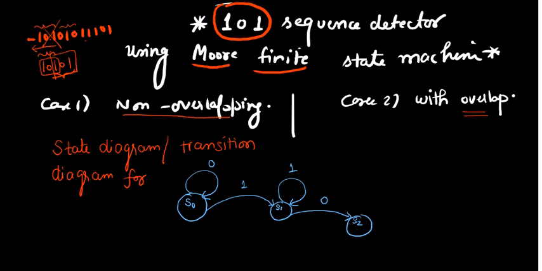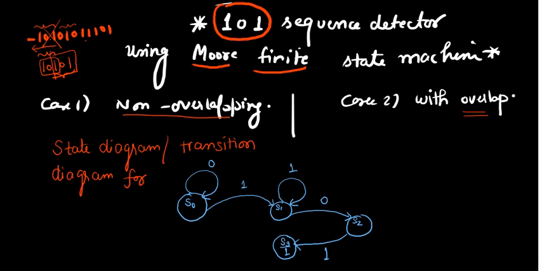Now we have received 1 and 0, and we are waiting for 1. So if 1 comes, we move towards the next state, and we raise the flag. Since our 101 has occurred, we should make the output as 1.